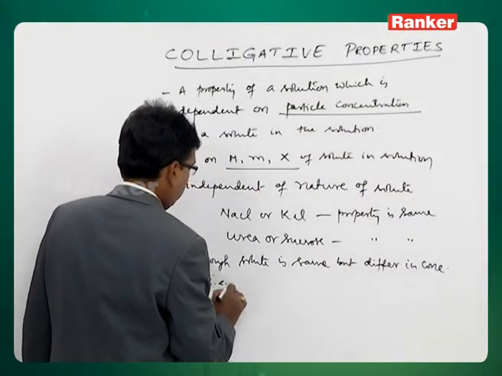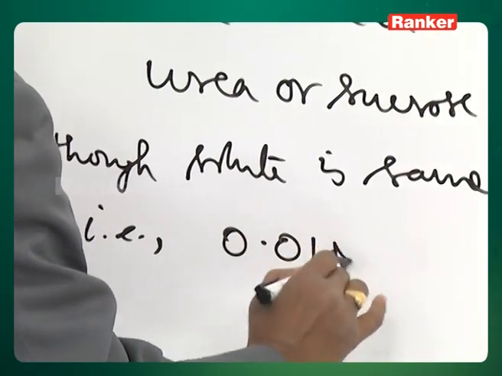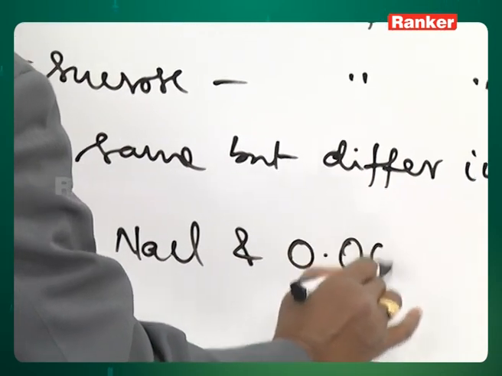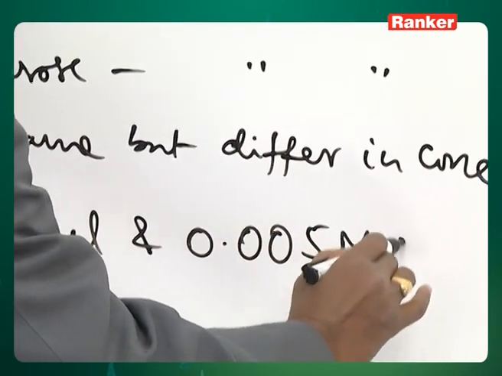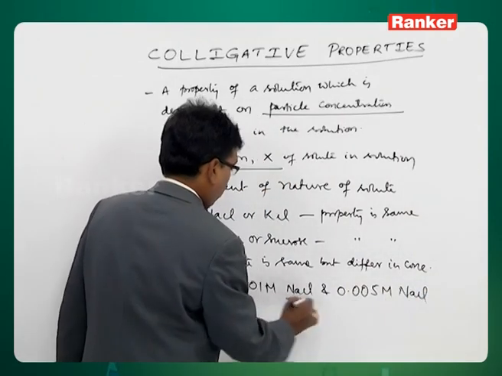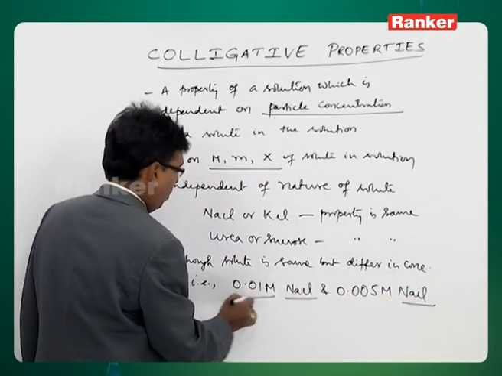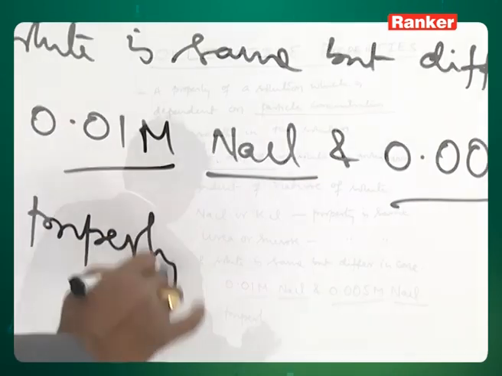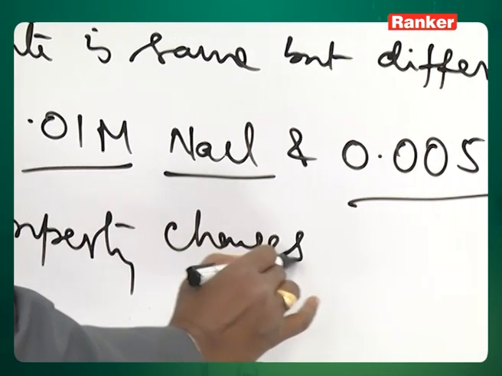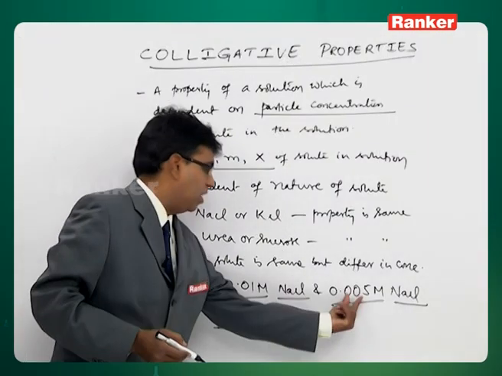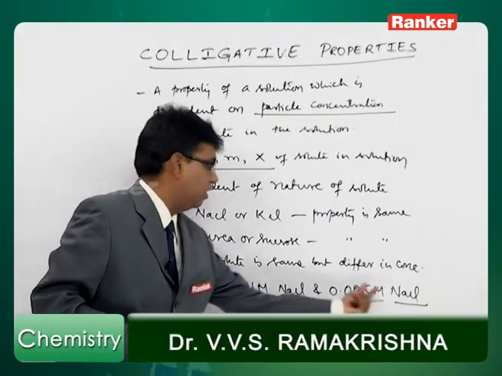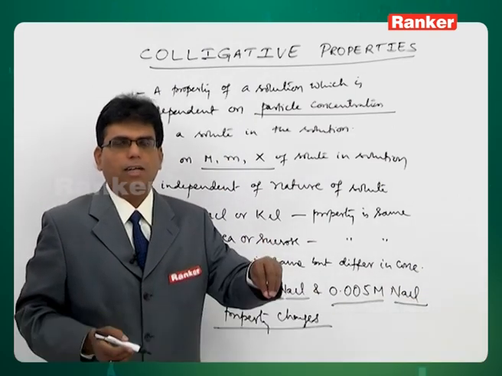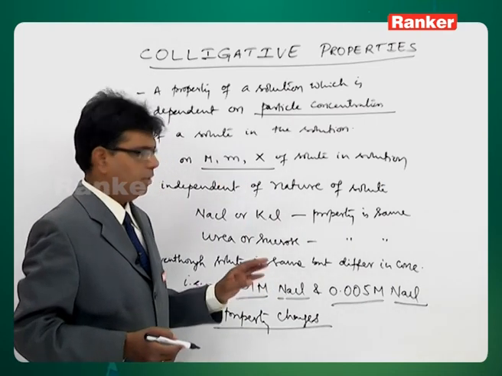Suppose you take 0.01 molar NaCl and 0.005 molar NaCl. The solute is the same but the concentration is different, so the property changes. Those properties that change only with the concentration, not with the nature of the solute, are what we define as colligative properties.